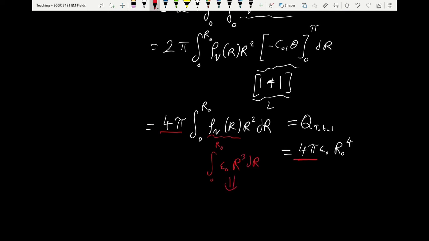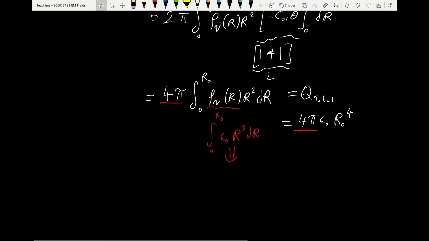I'm assuming that rho v is epsilon naught r, so I end up with epsilon naught r cubed. If I do that, I end up with r to the power 4 over 4 epsilon naught. But let me put an extra 4 here, so I end up with this term.